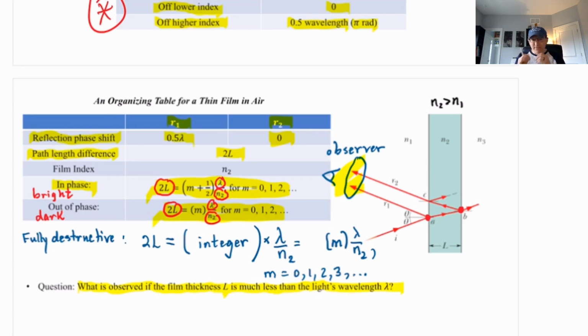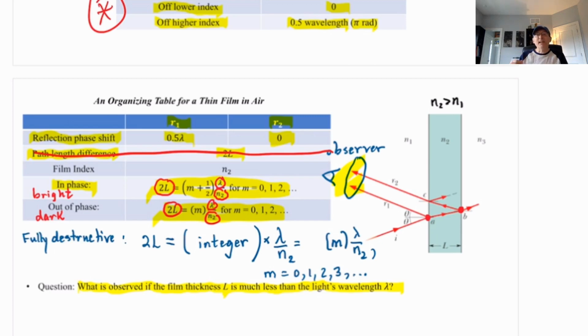So what if it is a very thin film, so that L is small compared to the wavelength of the light? Well, if it's that thin, if the L is that small, we're in essence saying that the effect of the path length difference is negligible. The path length difference is in essence 0.